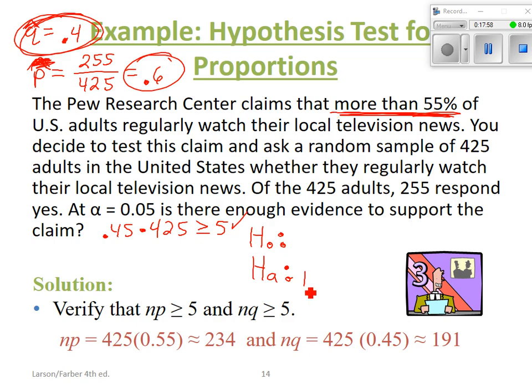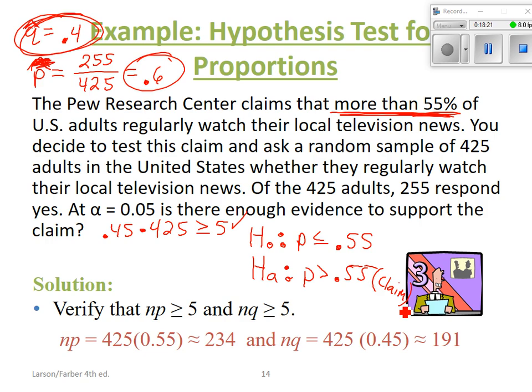So that's going to be our HA, and that means our H0, our null hypothesis, is p less than or equal to 0.55. I forgot, this is our claim. Make sure we write that down.